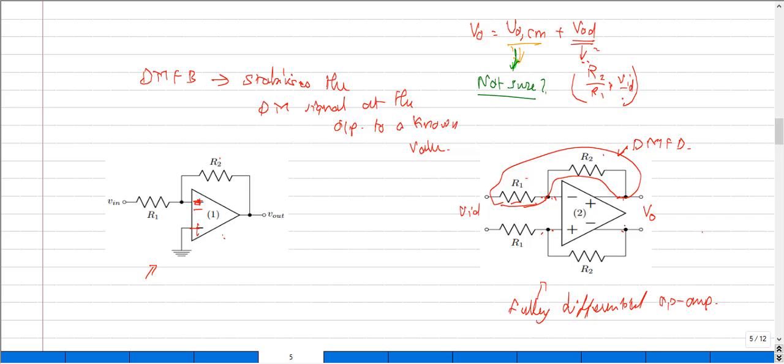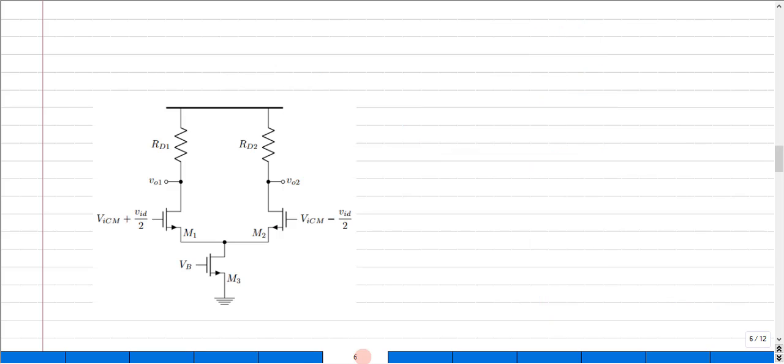Let me take a simple fully differential op-amp circuit, which is basically built with some resistive loads, something like this. So this structure again has two output nodes, and these two output nodes are fully differential. Now, in this case, what is the common mode signal here? It is pretty clear.